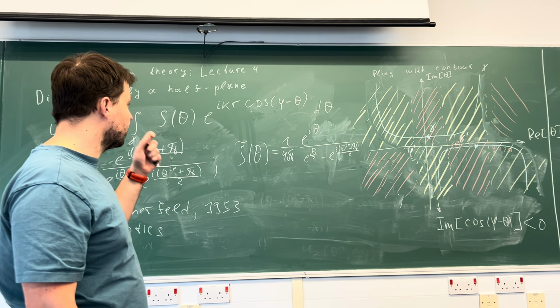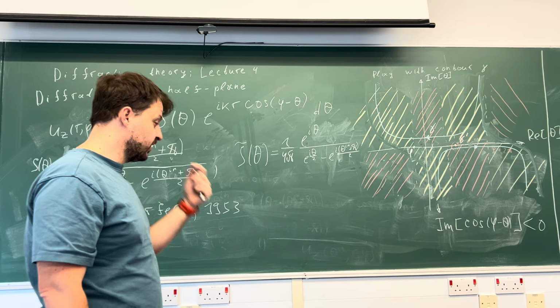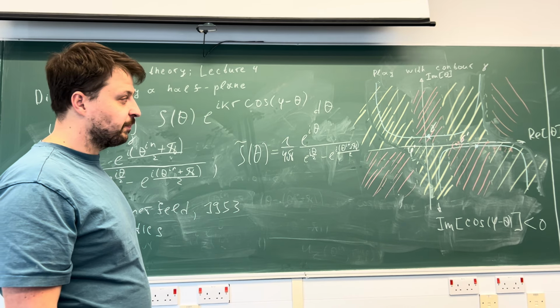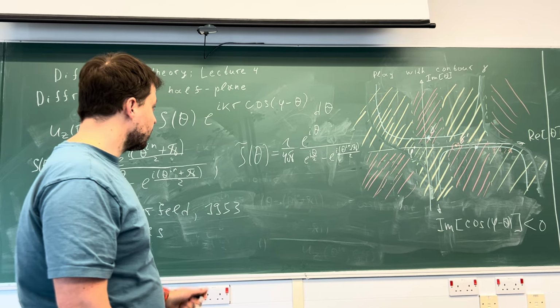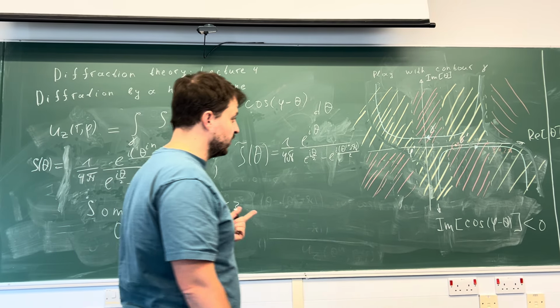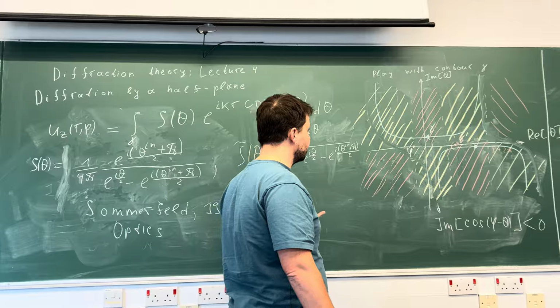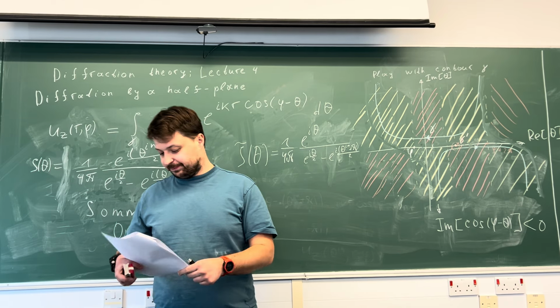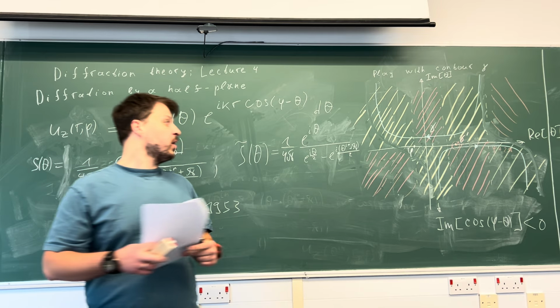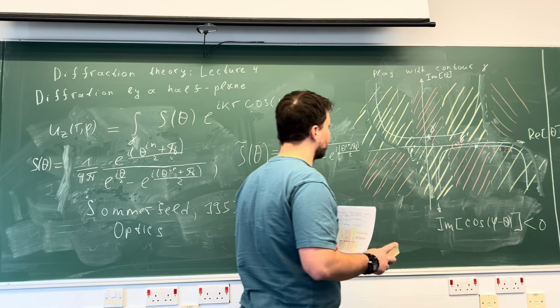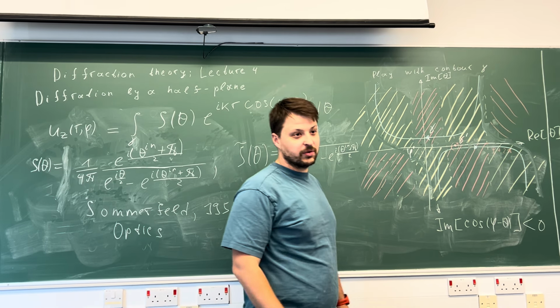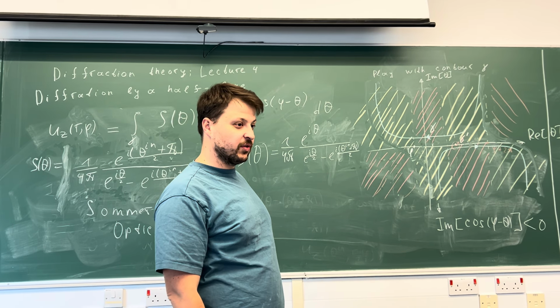What is the standard way to estimate oscillatory integrals? We did this in lecture 1, and this is called the saddle point method. So what we will do: we will take this contour and deform it into a steepest descent contour.